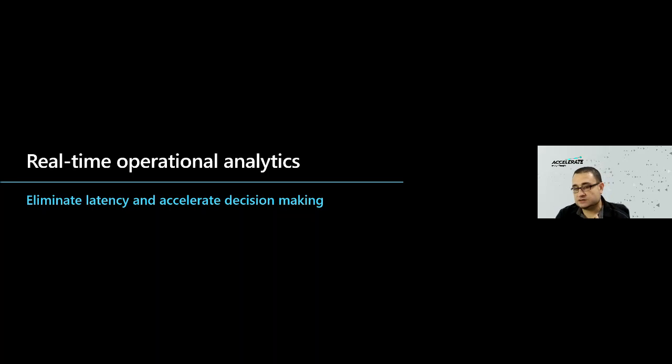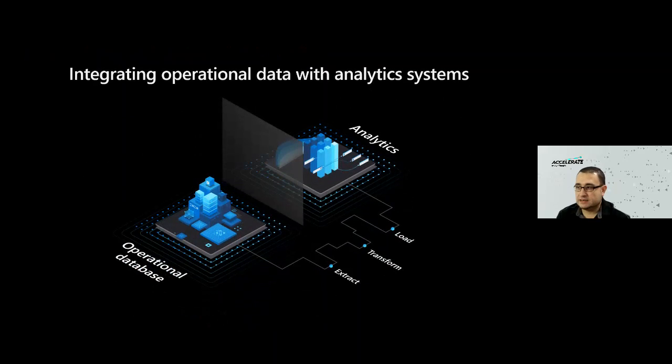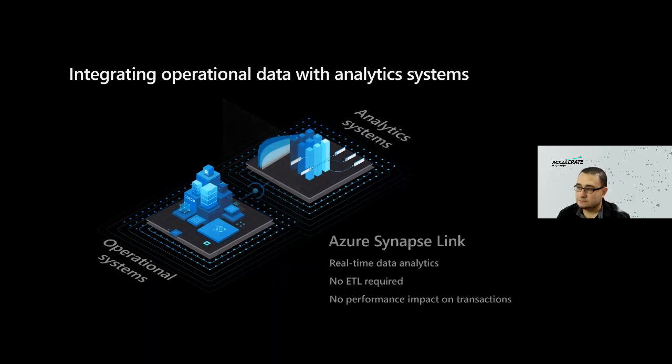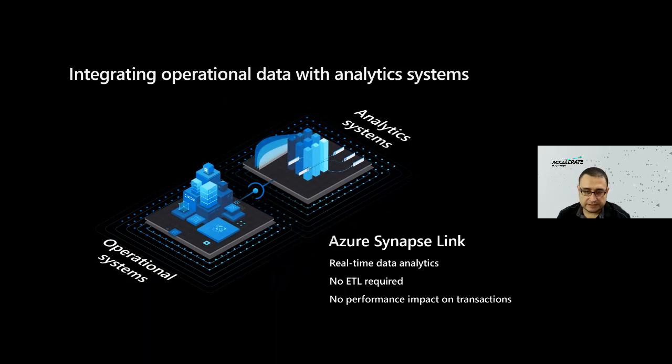So this is where Synapse Analytics has created a new approach, and that is the approach of a hybrid transactional / analytics processing technology. And this technology is what they're naming as their Azure Synapse Link.